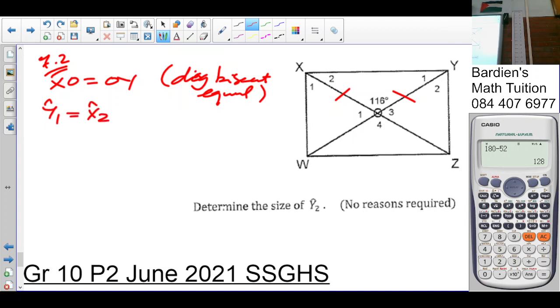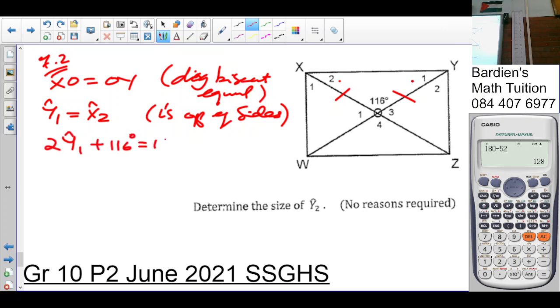Why is that the case? It's angles opposite equal sides. Now I'm interested in Y1. So Y1 plus X2, which is also Y1, plus 116 is equal to 180. Why? Sum of angles in a triangle, triangle XYO.